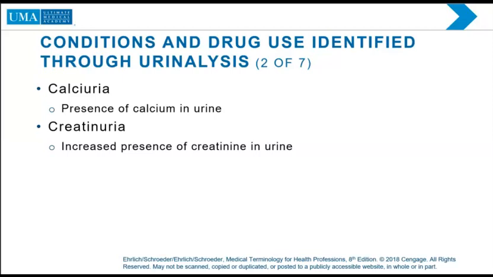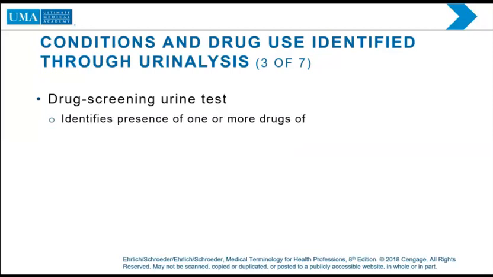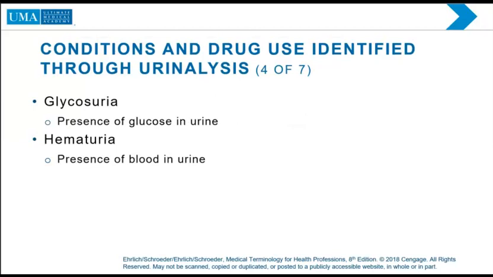Creatinuria is the increased presence of creatinine in urine. Drug screening urine test identifies the presence of one or more drugs. Glycosuria is the presence of glucose in the urine, and hematuria is the presence of blood in urine.